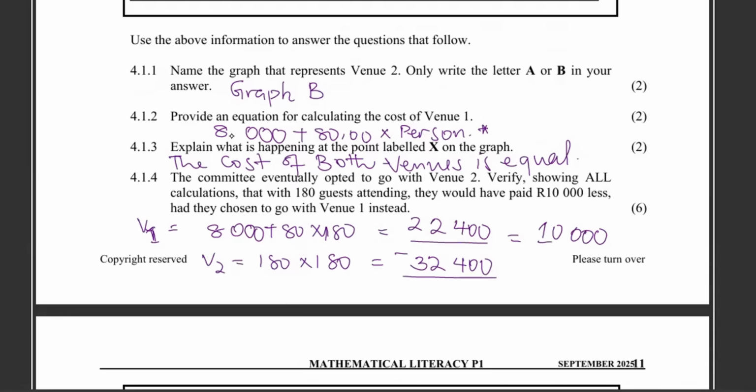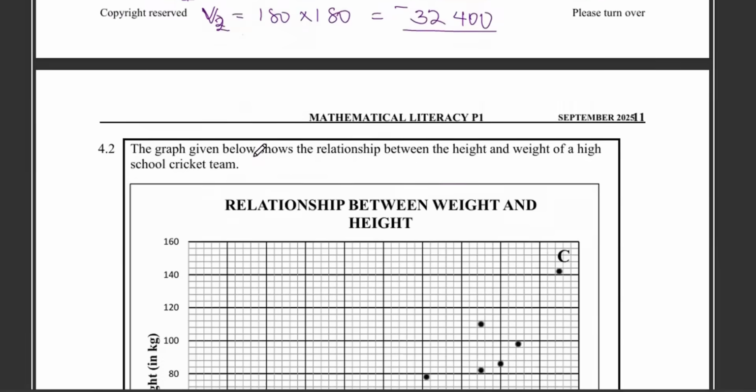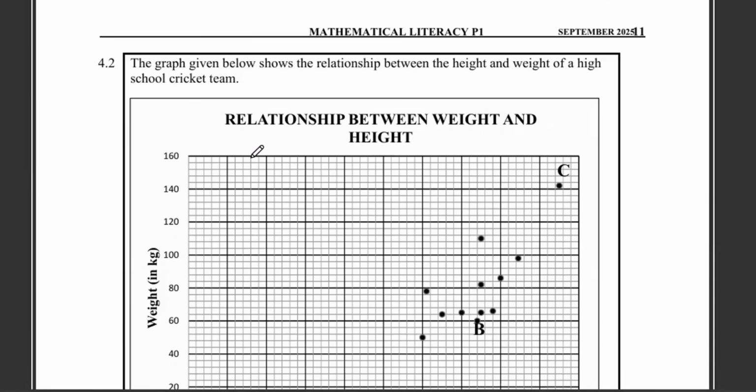And the committee goes with venue 2, to verify showing all calculations that with 180 attending, they would have paid 10,000 less had they chosen venue 1. So this is how it works out. Venue 1, and venue 2. Okay. We continue and we go on.